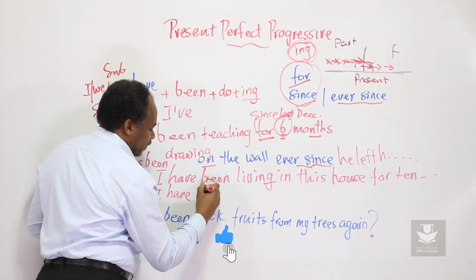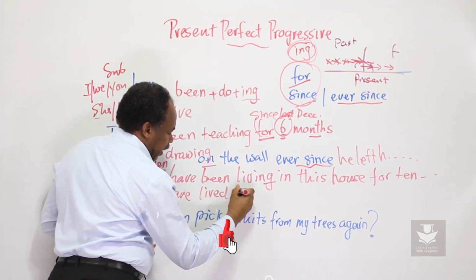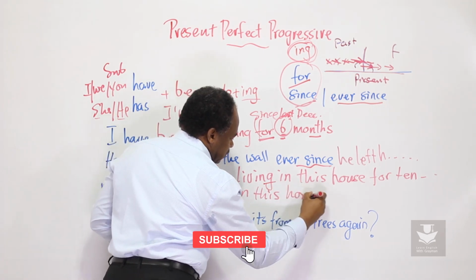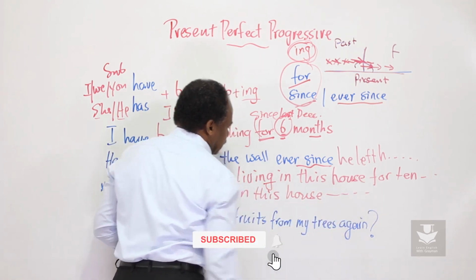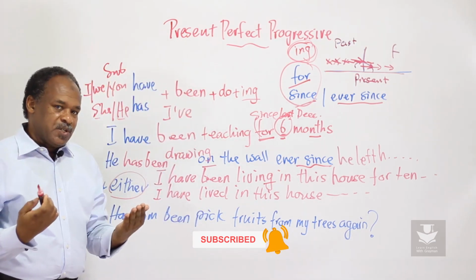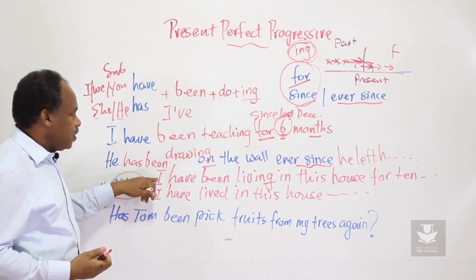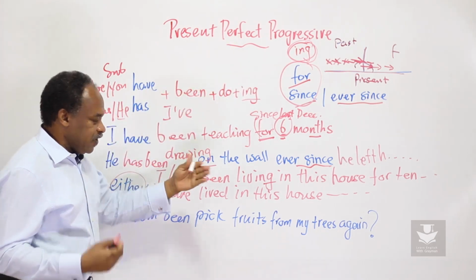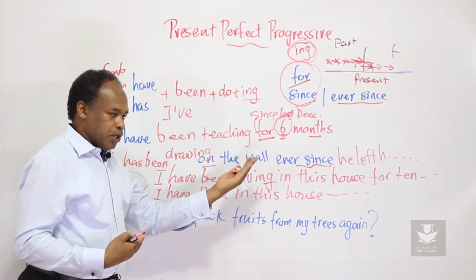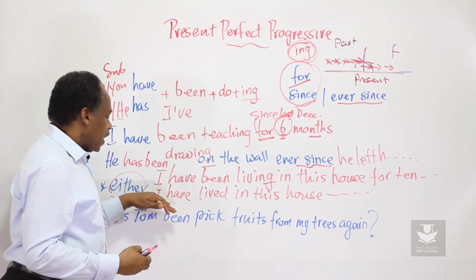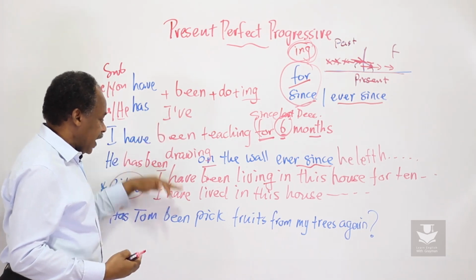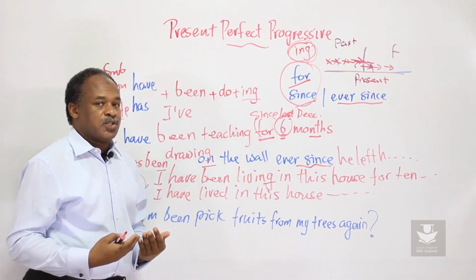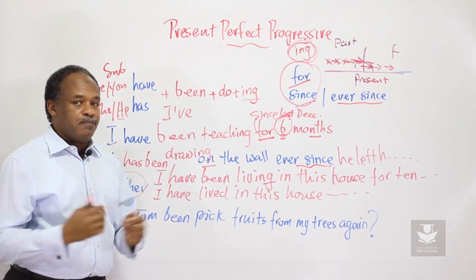I have lived in this house for 10 years. In some situations, as I said, you could use either present perfect progressive, as here, I've been living in this house for 10 years, or you could say, I have lived here, present perfect, in this house for 10 years. So either one is quite correct.